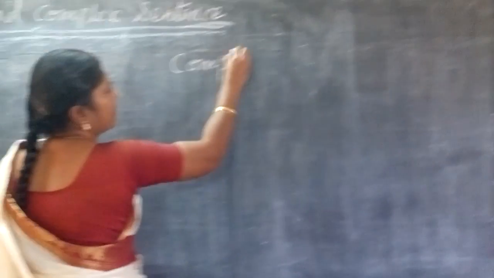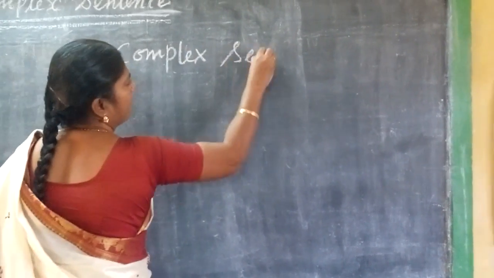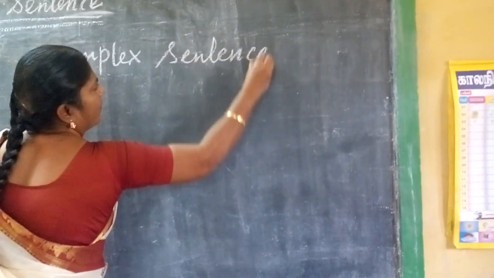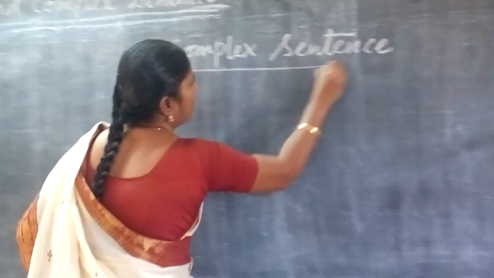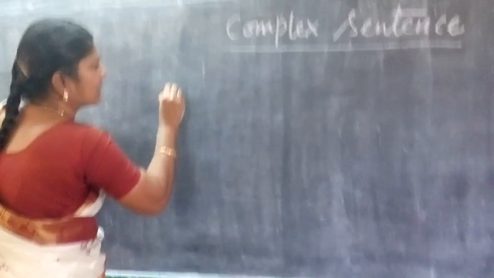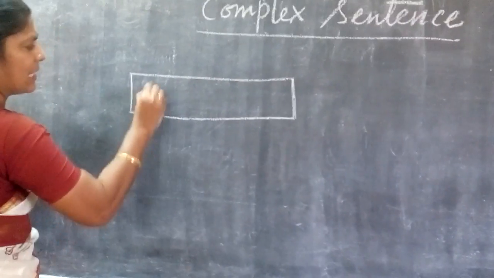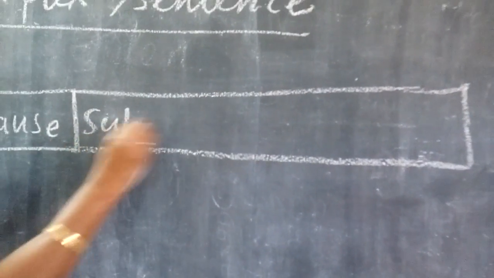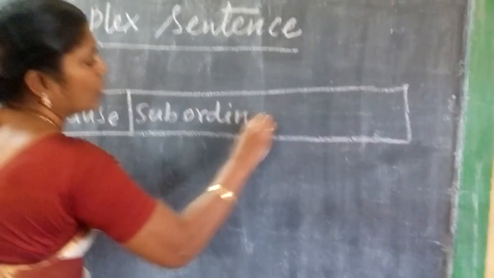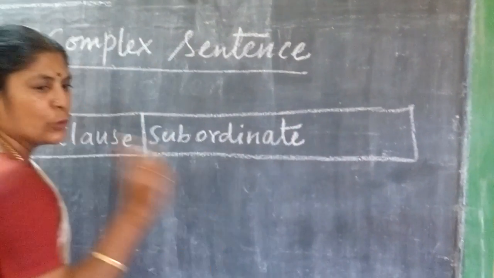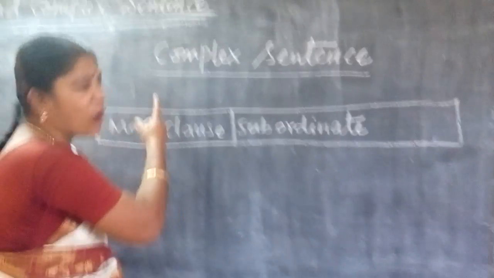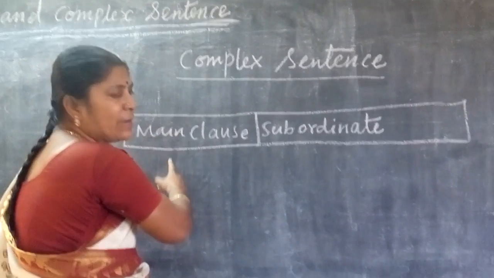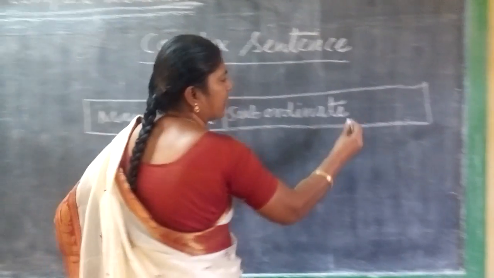Next we will see the complex sentence. What is a complex sentence? There are two classes here. One is a main class, and another one is called a subordinate class. The compound sentence has two main classes, but a complex sentence has one main class with one subordinate class.